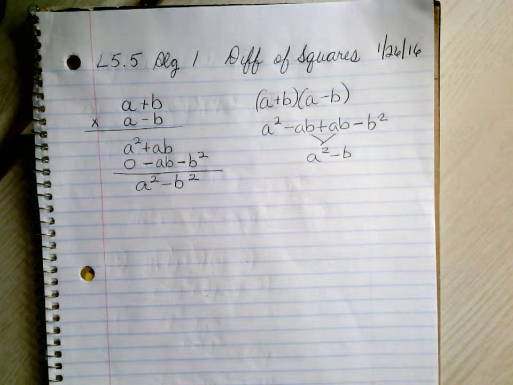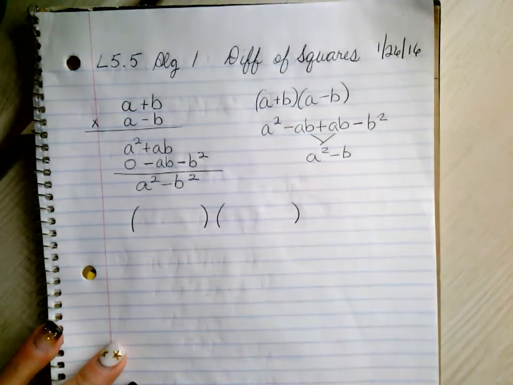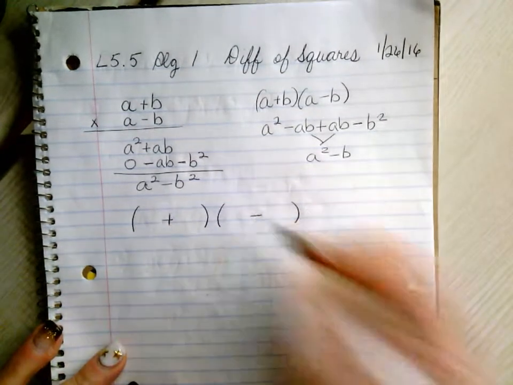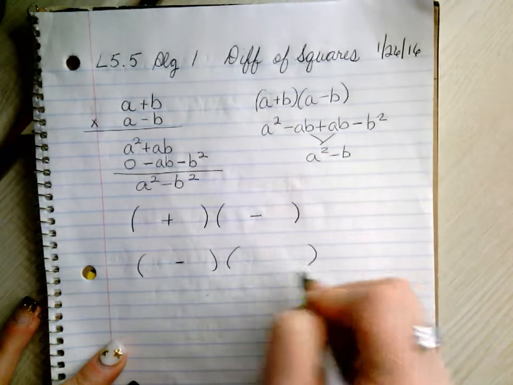The cool thing about this little technique is you don't have to FOIL and you don't have to multiply, as long as you recognize that the first terms and the last terms are the same, separated by a positive or a negative. It could also be written this way, right?